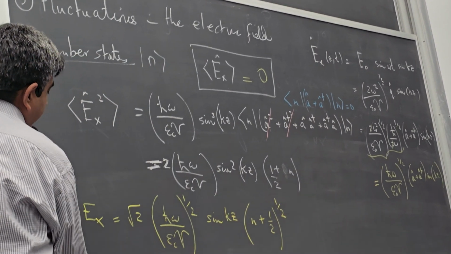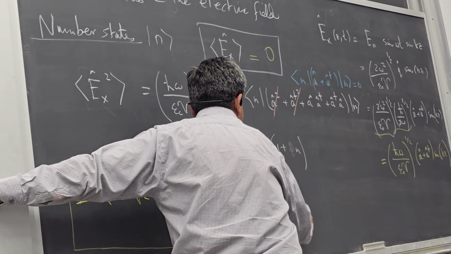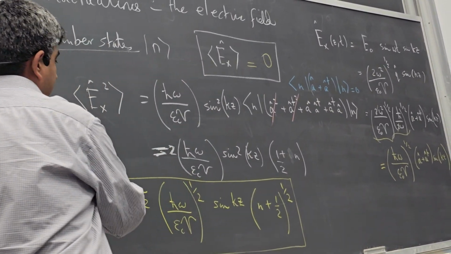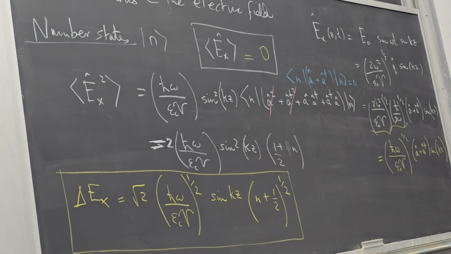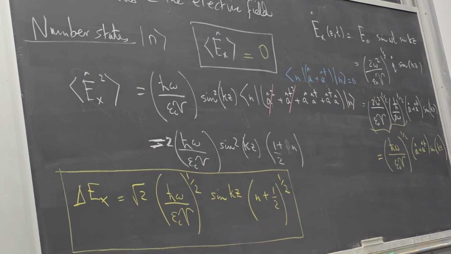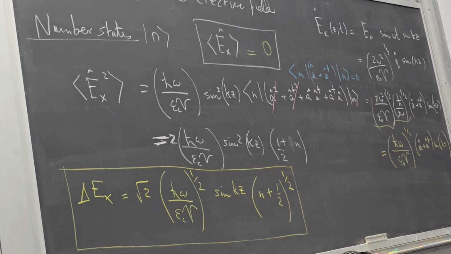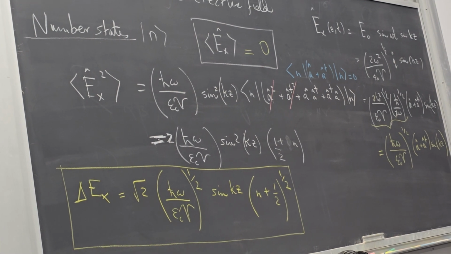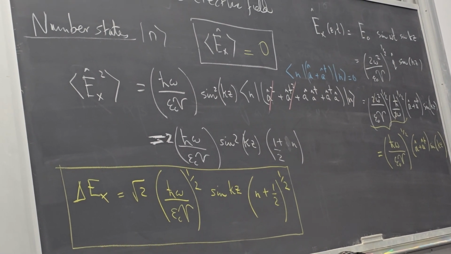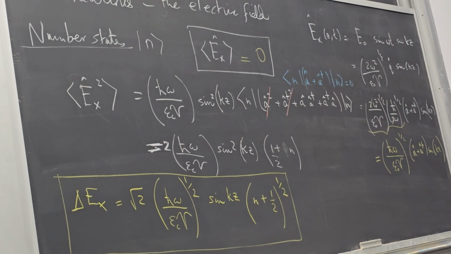This is for a number state. This is the uncertainty in the energy. Uncertainty in the electric field, sorry.